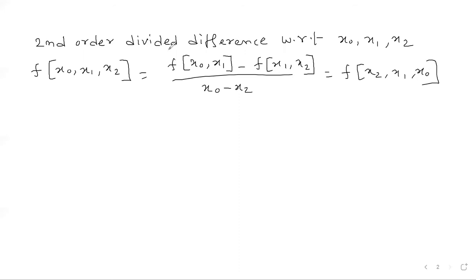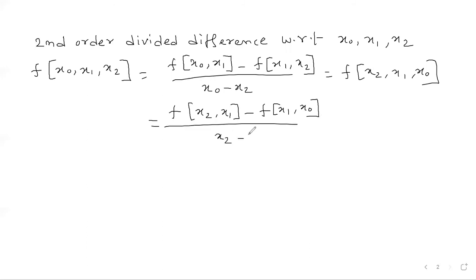That means we can write this as f of x2, x1 minus f of x1, x0 divided by x2 minus x0. So divided differences are symmetric with respect to their arguments. So this is the definition of second order divided differences.